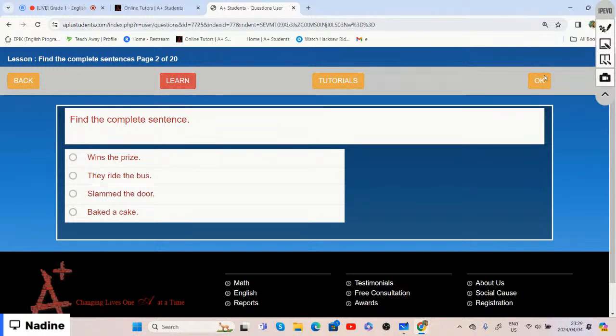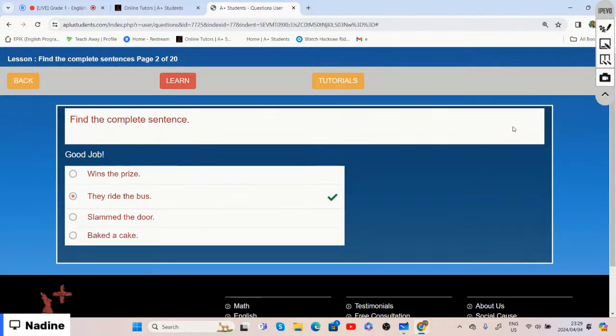So if we were to find the complete sentence, then we can say they ride the bus, because they is our naming part. And what is the action that they're doing? They ride the bus, right?